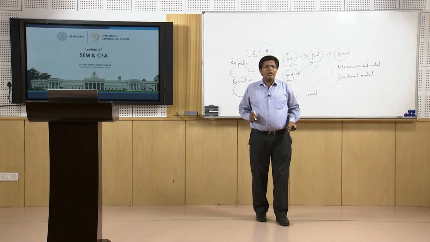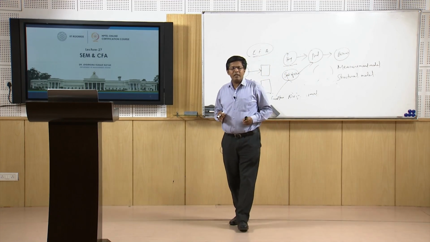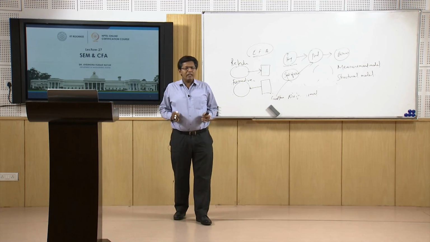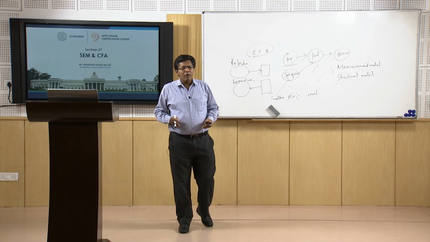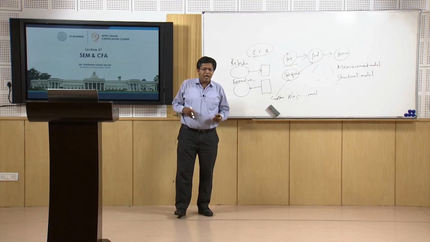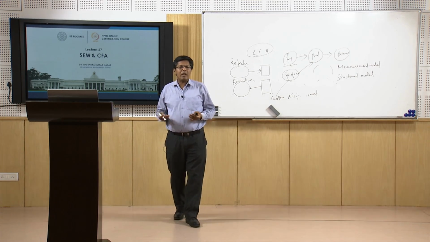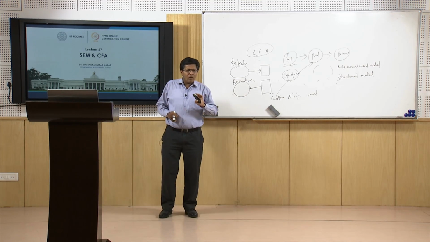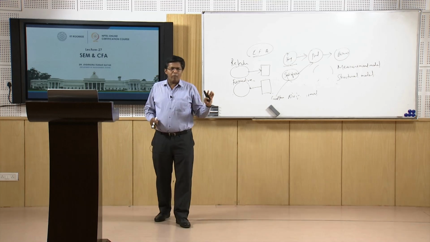A structural model is one where the researcher is basically testing a set of relationships. His intention is to measure the relationship, how it affects, and try to determine the path estimates, and from there he can come to some kind of a conclusion or an inference, which is not done in the case of a measurement model.